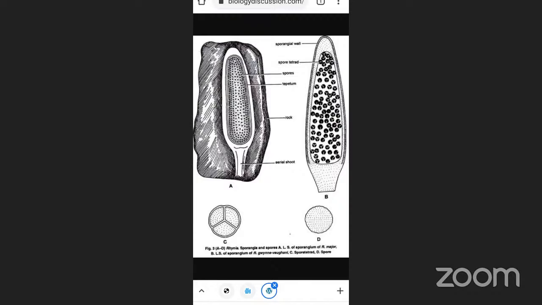The cavity inside the sporangial wall was filled with spore tetrads, and the spores all look alike.